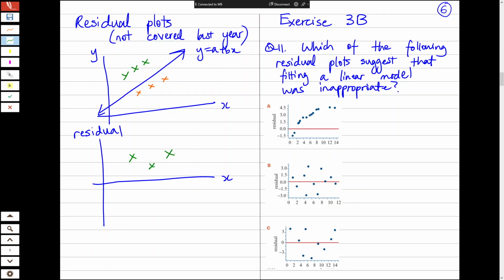I'm just going to make it sort of random. Here, the actual value is larger than the predicted value. And then I've got other points, maybe a little bit different. Here, the actual value is smaller than the predicted value.